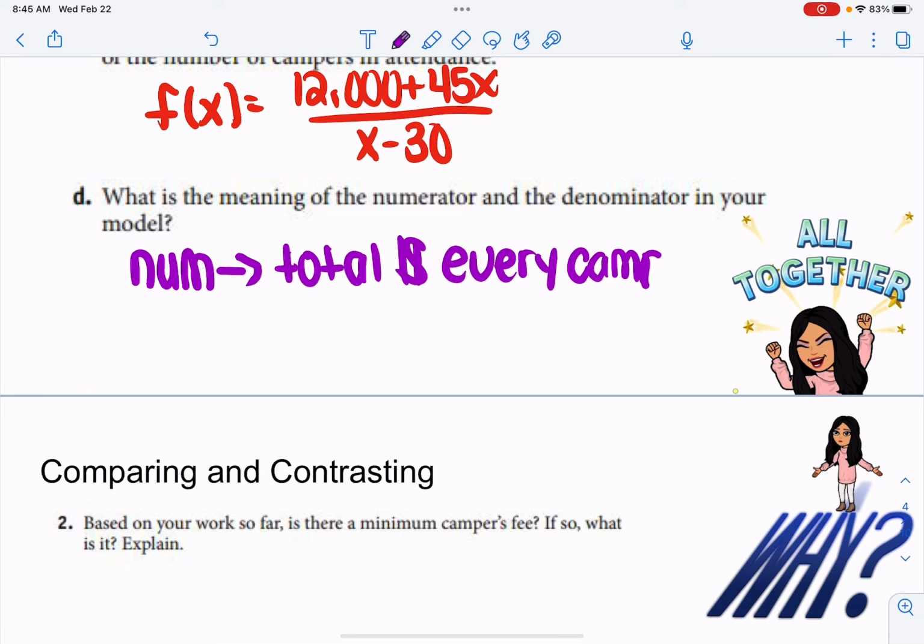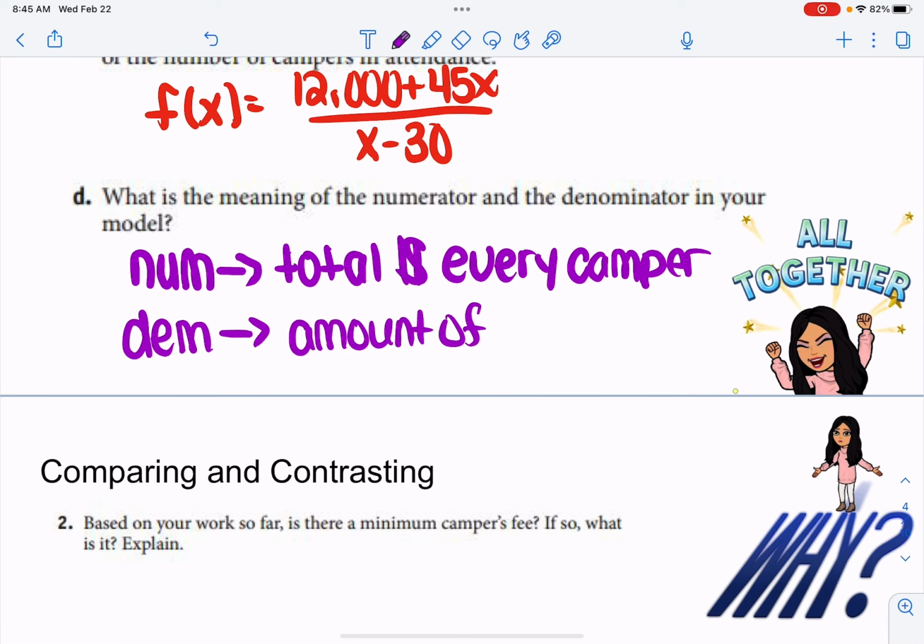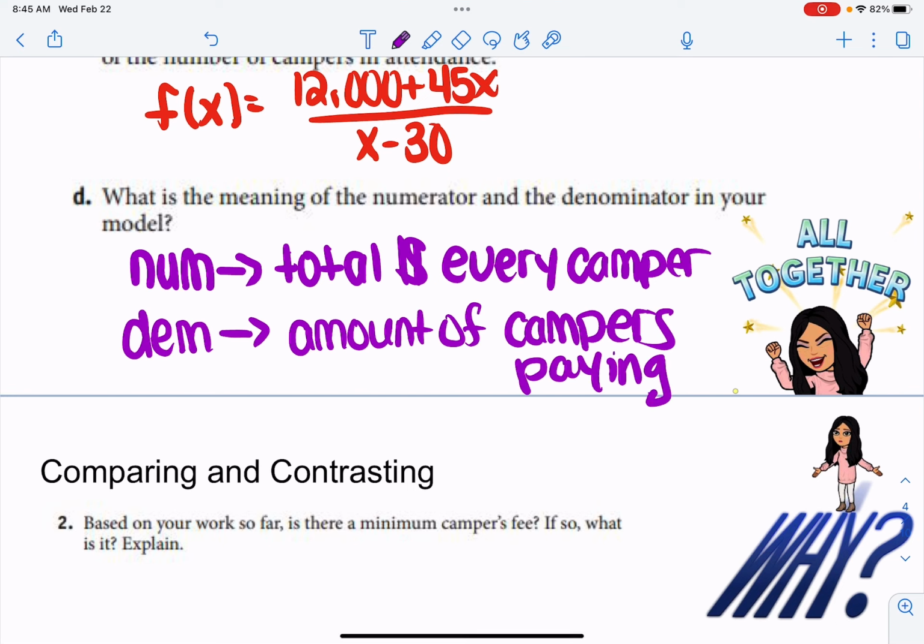And your denominator was the amount of campers paying.